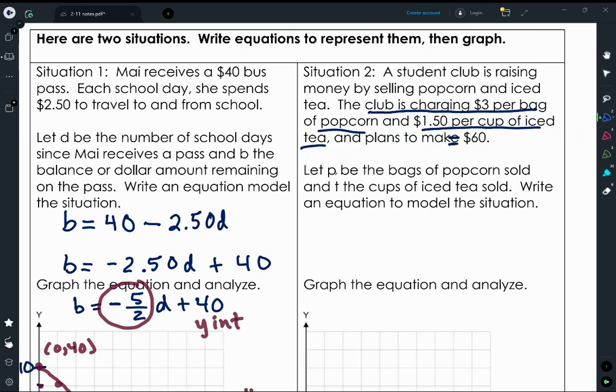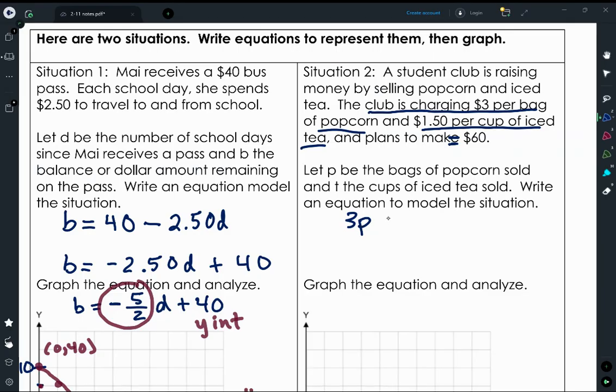So let's let P be the popcorn. So if we're making $3 per bag of popcorn, that means we're going to be making 3P money from popcorn. So if I made 4 bags of popcorn, it'd be 3 times 4. If I made 2 bags of popcorn, it'd be 3 times 2. So we're multiplying the cost times how many there are, and that's going to give us our total for popcorn.